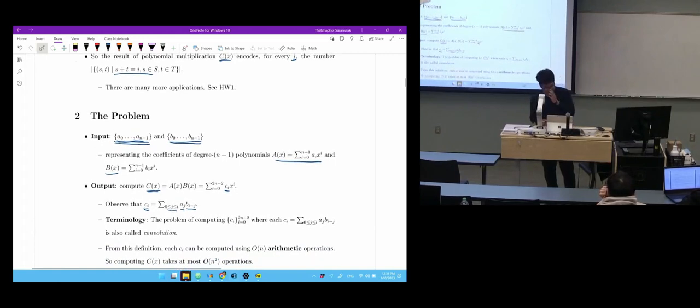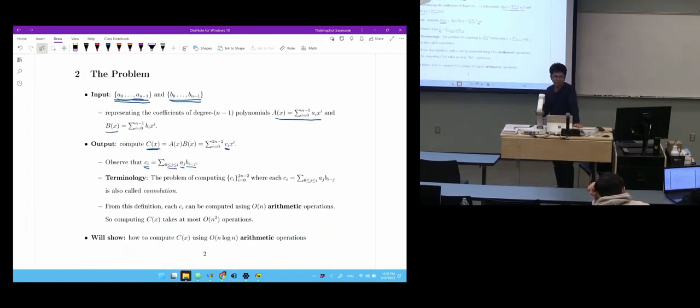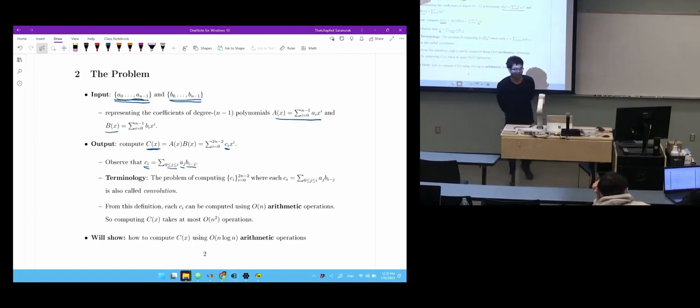And by the way, polynomial multiplication has another name. The problem of given a list of A and a list of B, and computing C, which is defined like this, is also called convolution. If you look on the internet, that's the word. So convolution and polynomial multiplication are basically the same problem.